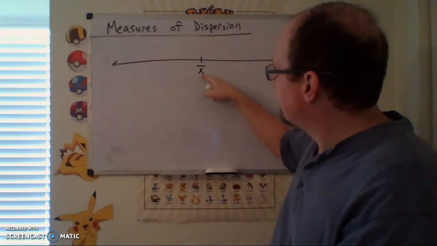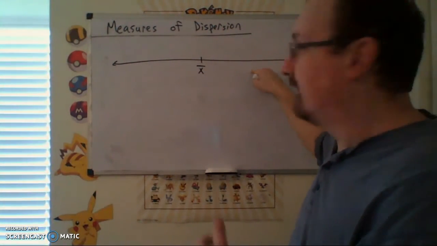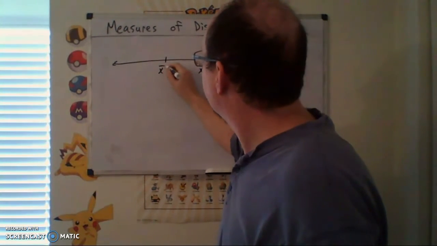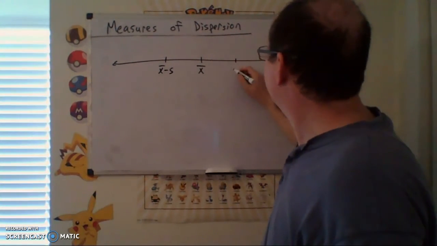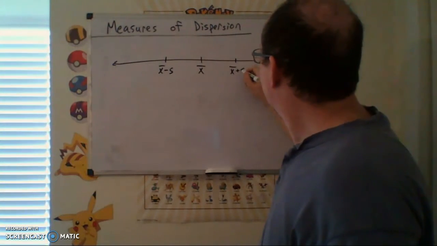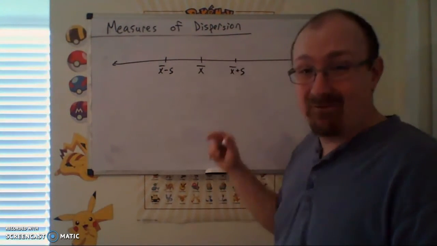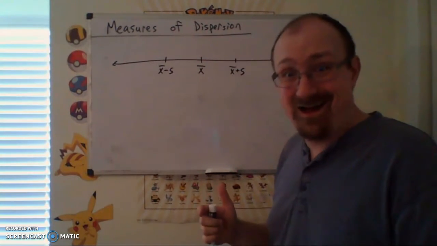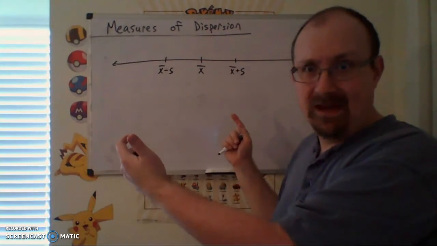So I'm going to use the standard deviation to walk backwards in this direction and to walk forwards in the other direction. That would look like x bar minus s in the one direction, and over here in the other, I would have x bar plus s. Then we can look to see how many of our data points, if we were plotting them on this line, end up falling in this window. Does that make sense? I hope so. I mean, you can't tell me.